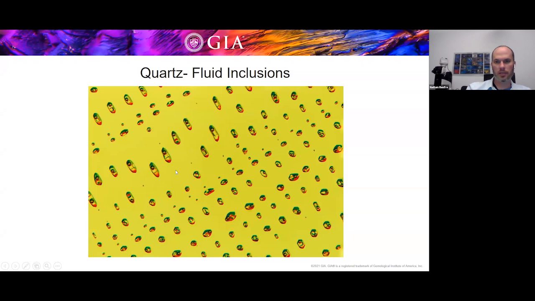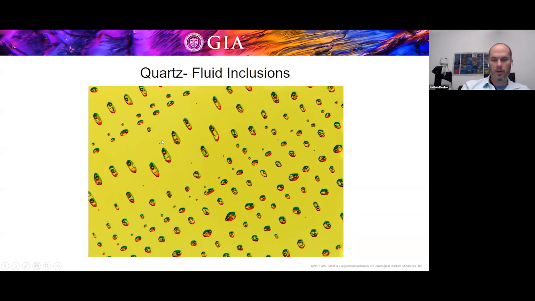This photo was taken using a technique called Rheinberg illumination, just to provide a little extra contrast, but otherwise this is in a rock crystal quartz. What you'll see is that in each of these little fluid inclusions, there's the same ratio of the three major components: a solid crystal, which are these little cubic salt daughter crystals, a gas bubble, and then the liquid that surrounds it.